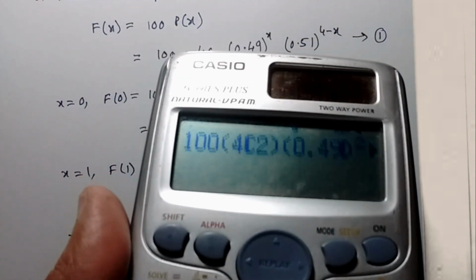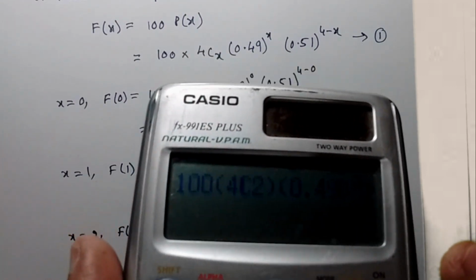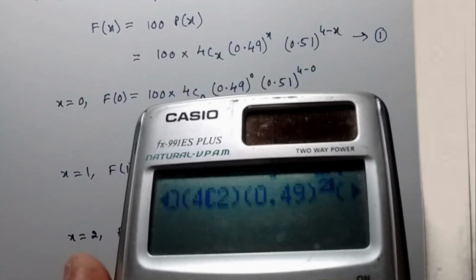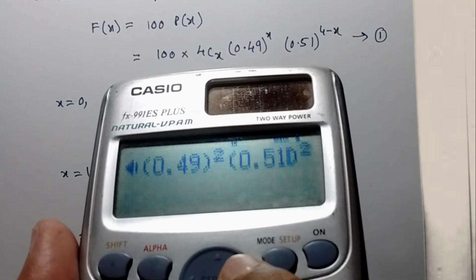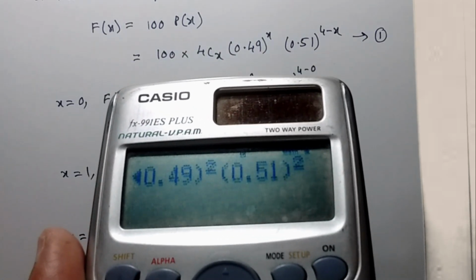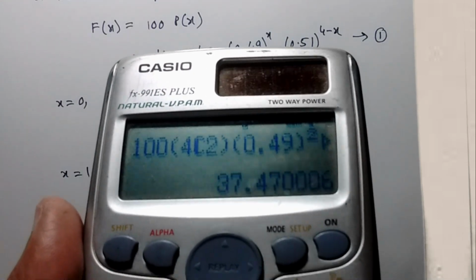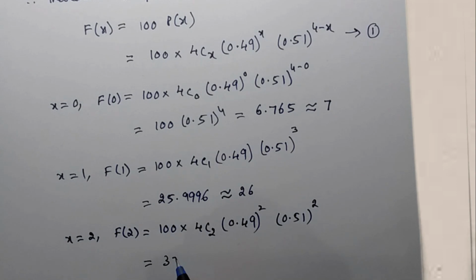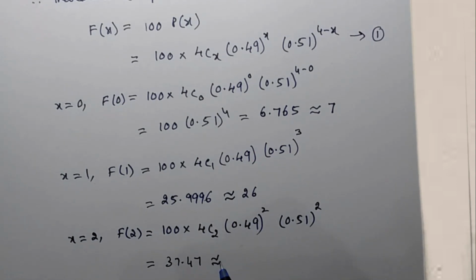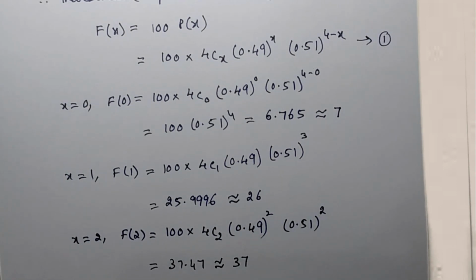I have just typed the values. It is 100 times 4C2 into 0.49 whole square into 0.51 whole square. You just check, I'm getting 37.47. So 37.47 can be approximated to 37 itself.